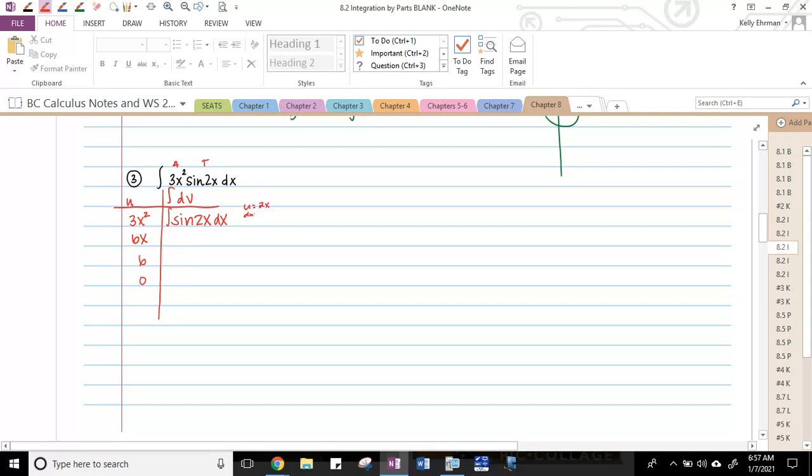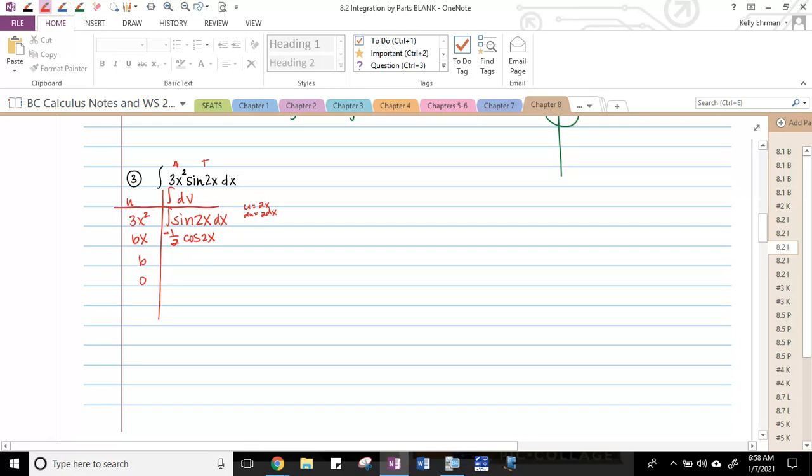So there's a du of 2 dx. So there's going to be a 1/2 out in front of the integral. And then the integral of sine is negative cosine. So it's going to be negative 1/2 cosine of 2x. So there's a lot of little details to think about when you're integrating these little trig functions.